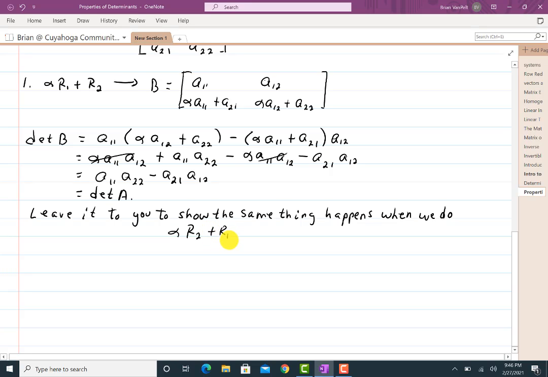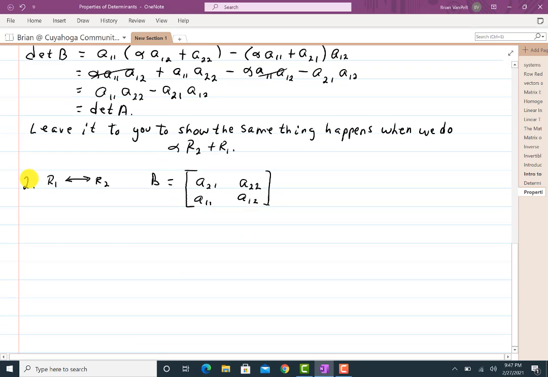If I take a multiple of the second row and add it to the first, you're still going to get the same determinant. Move on to the second one. This is where we swap 2 rows. So we'll take R1 and swap it with R2. In this case, B then is A21, A22, A11, A12. And let's take the determinant of that.